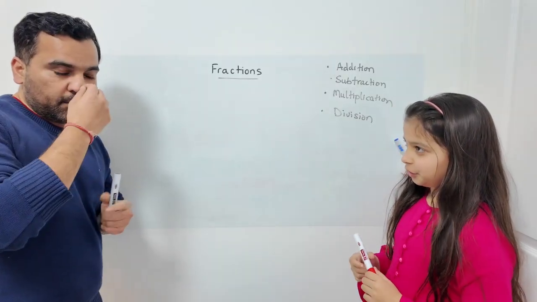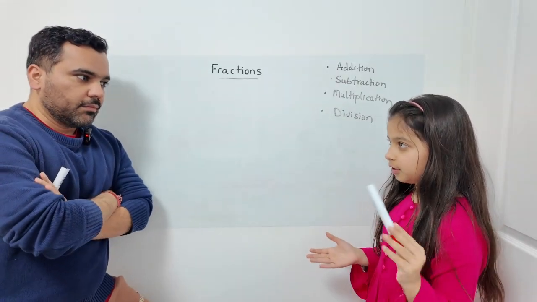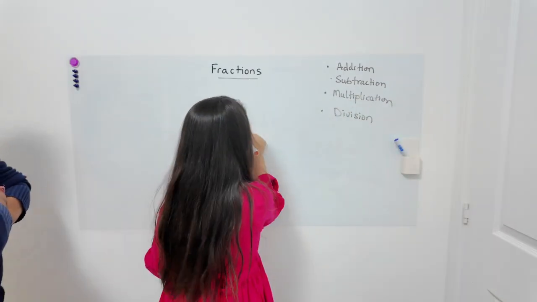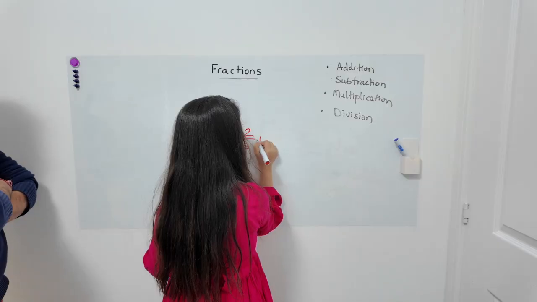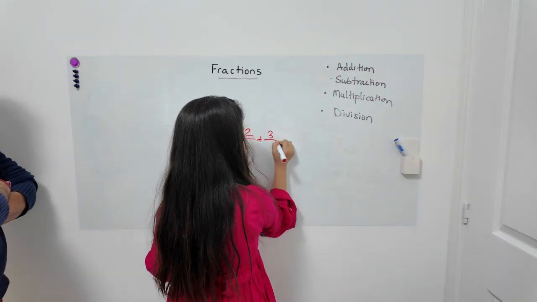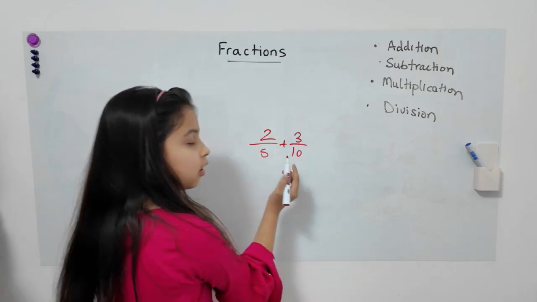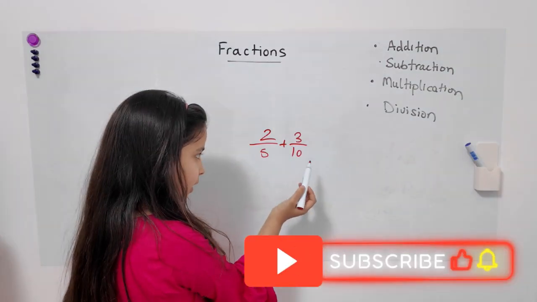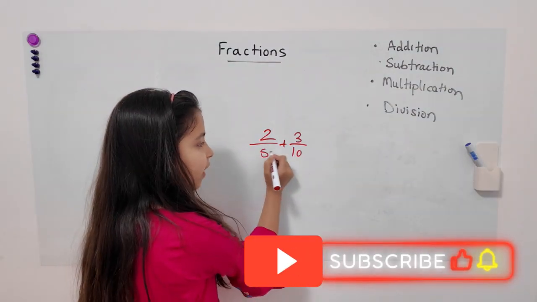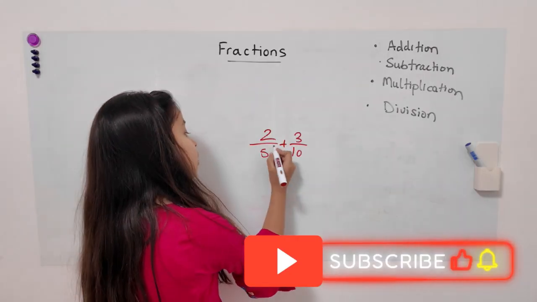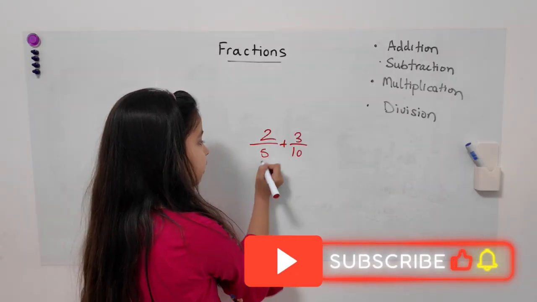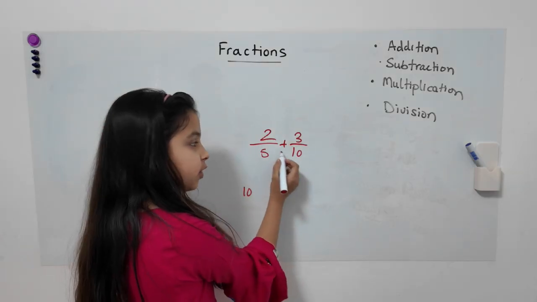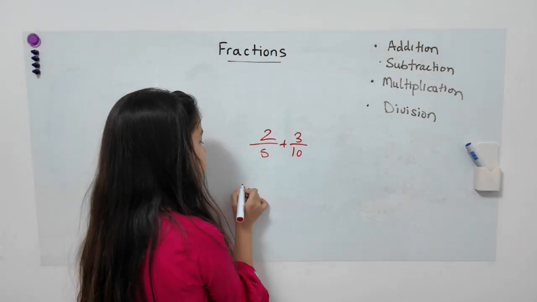Well, to add fractions, you need to make the denominator common. Like, say, 2/5 plus 3/10. If you can't find the lowest common denominator, you can multiply them together. 5 times 2 is 10, so you can do 10, and since I multiplied 5 by 2, I have to multiply 2 by 2.